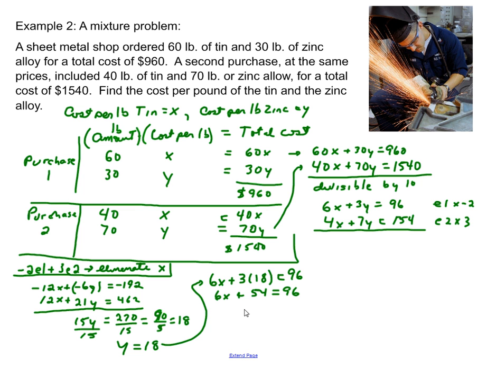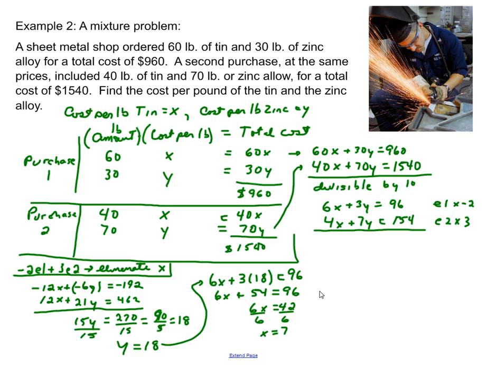So I subtract my 54 from both sides. I get 6x is equal to 42. So I divide everything by 6, and I come up with x is equal to 7.